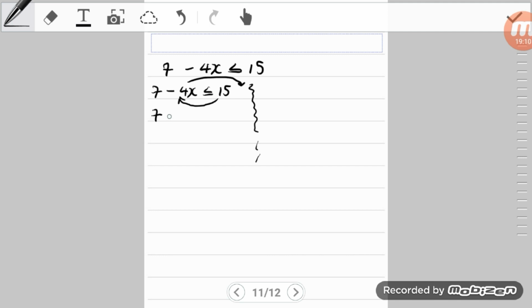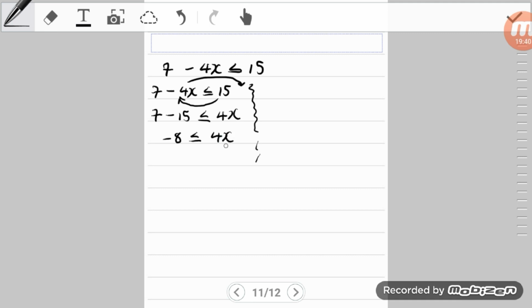So 7 take away 15. Remember that if you transpose a term across the equal or inequality sign, the sign is going to change to its opposite. So 7 take away 15 is going to be less than or equal to positive 4x because negative 4x was transposed. Now 7 take away 15 works out to be minus 8, and that's less than or equal to 4x.